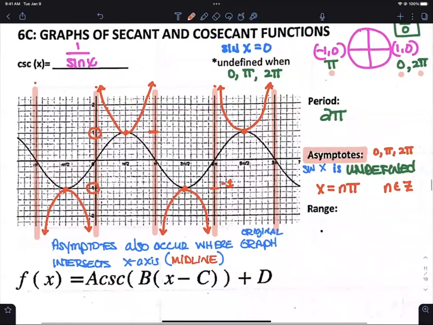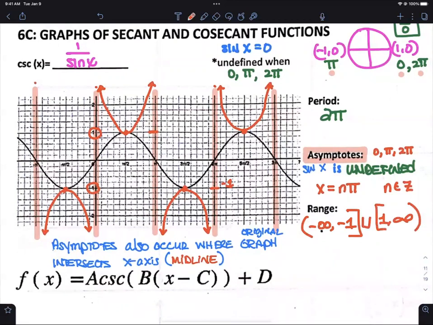So the range for this is negative infinity to negative 1, closed bracket, and you would union that with 1 to positive infinity. This graph is turning away from the x-axis, and the asymptotes help funnel the different branches in.